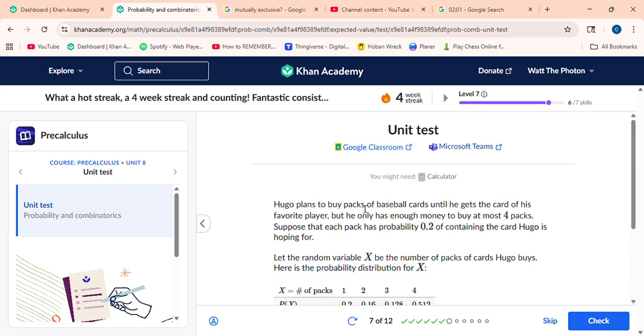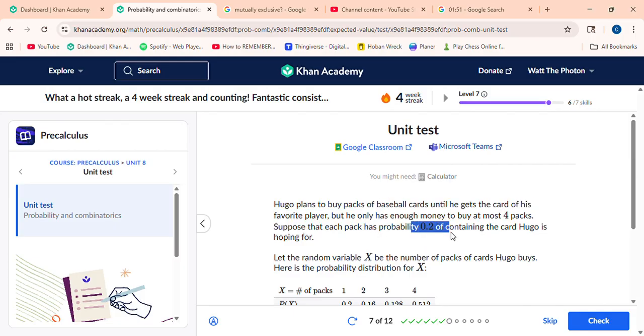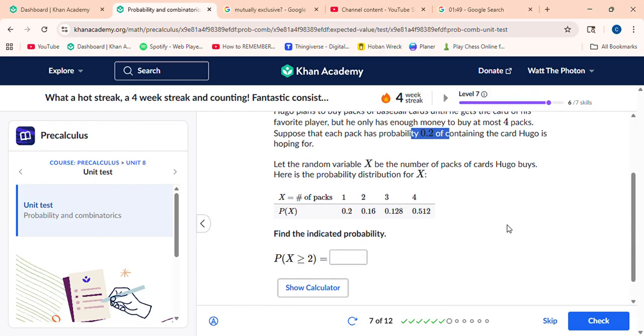Hugo plans to buy a pack of baseball cards until he gets the card that is his favorite, but he only has enough money to buy at most 4 packs. Suppose each pack has a probability of 0.2 to contain the card Hugo hopes for. Find the indicated probability. So let's see. P of greater.